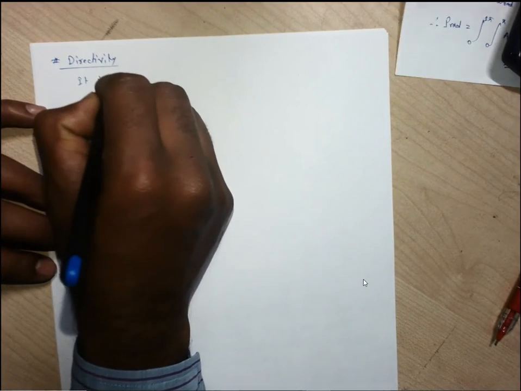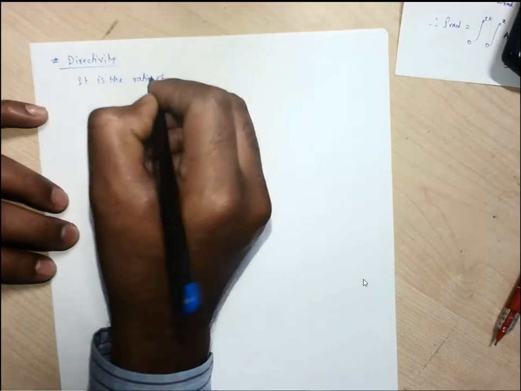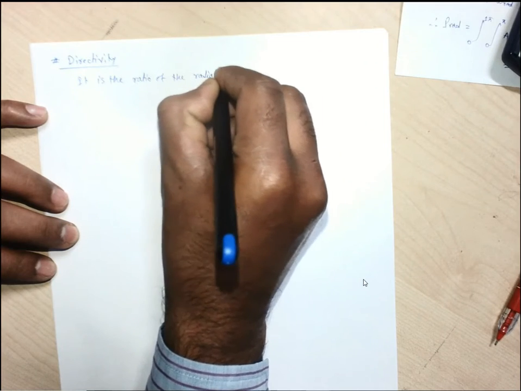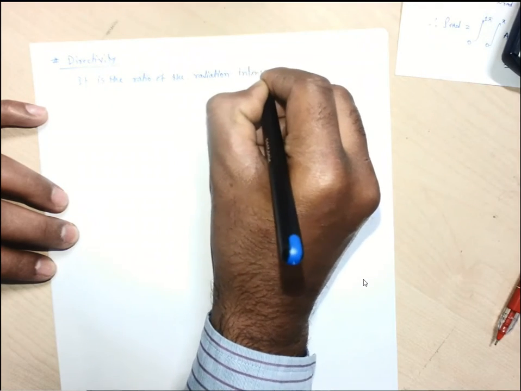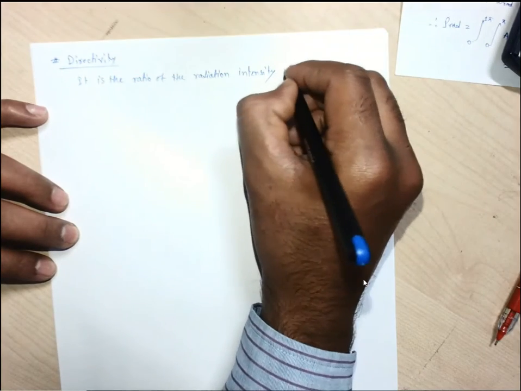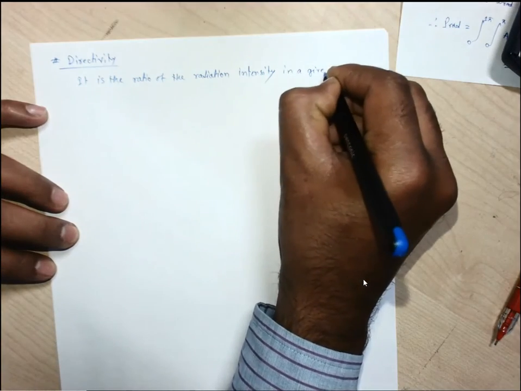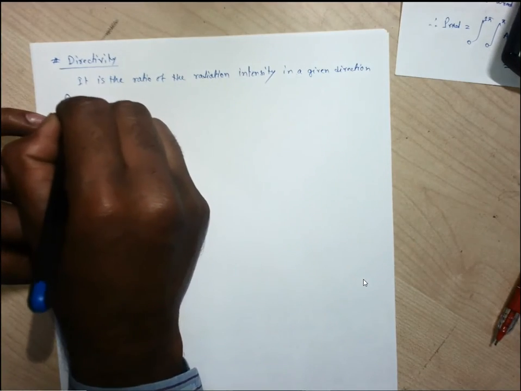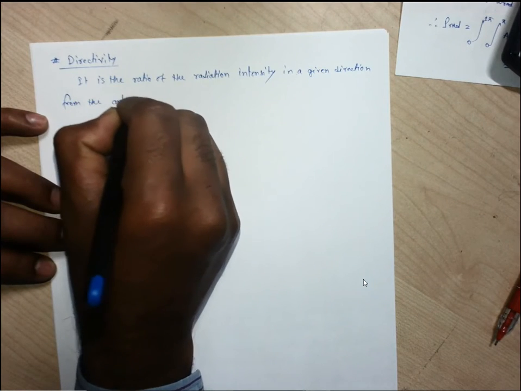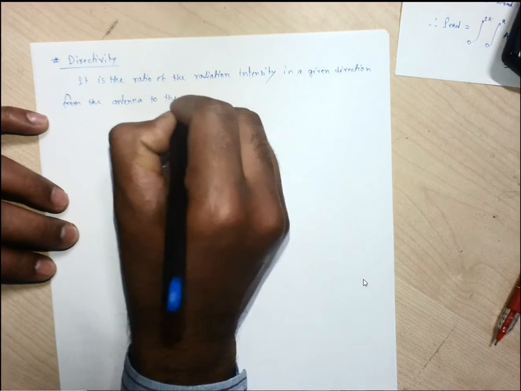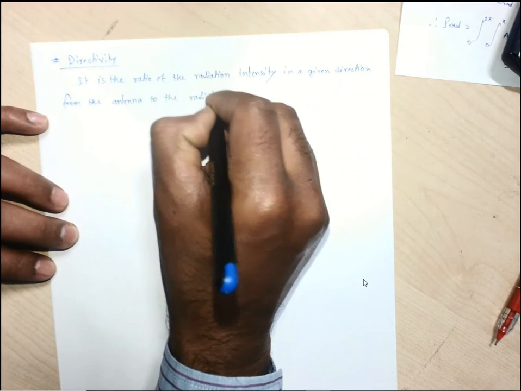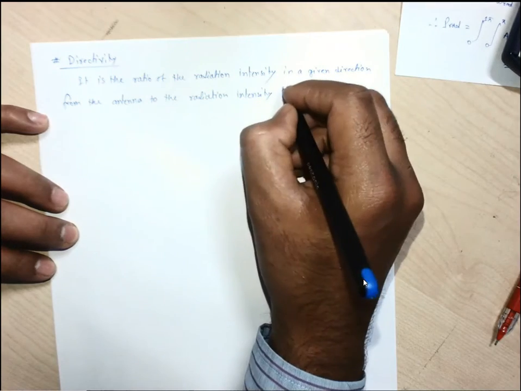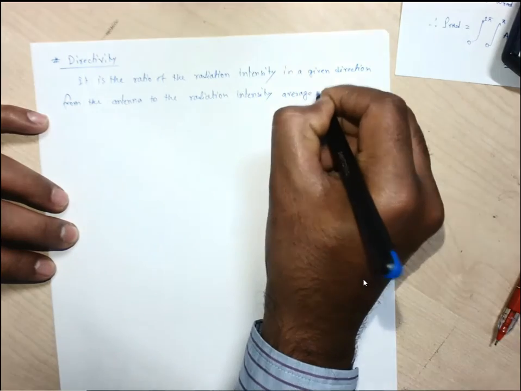It is the ratio of the radiation intensity in a given direction from the antenna to the radiation intensity averaged over all directions.